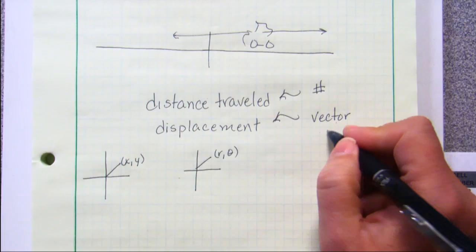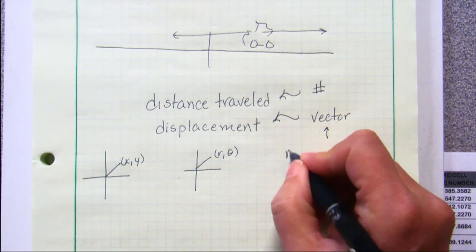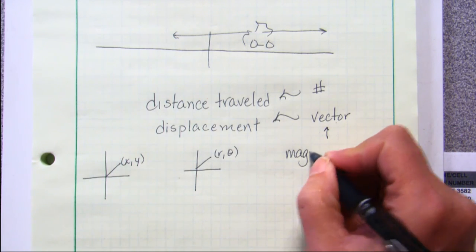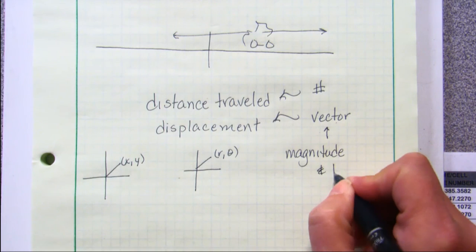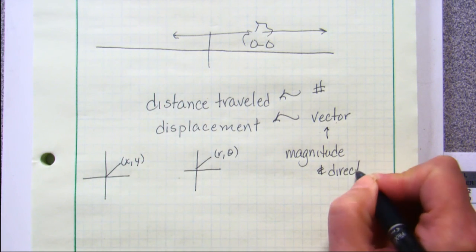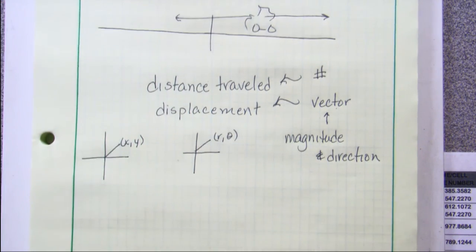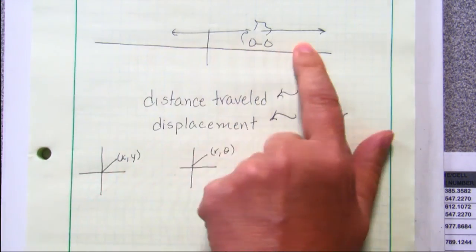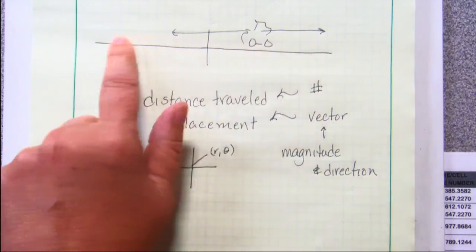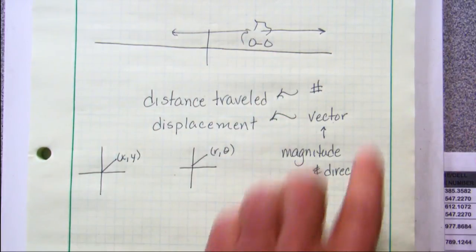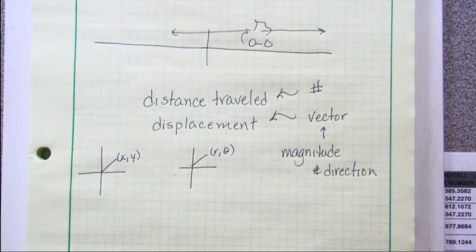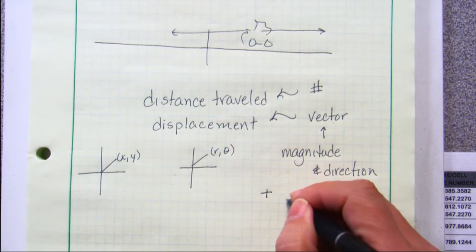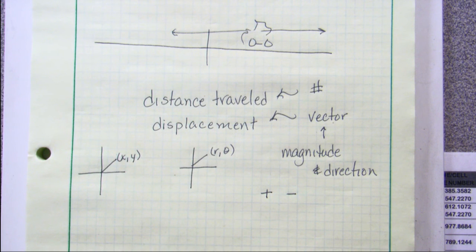The thing about vectors is they have magnitude and direction. So while we're in this chapter and we're only talking about going this way, or we may be talking about going up and down, we're only traveling in one direction, we still have a positive and a negative direction.